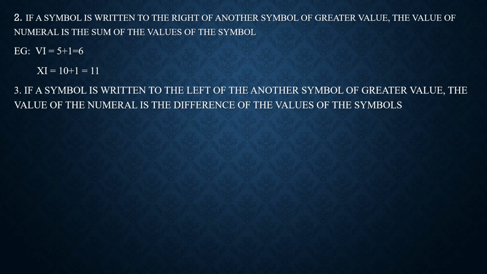Now we move on to the third rule. The third rule states that if a symbol is written to the left of another symbol of greater value, the value of the numeral is the difference of the values of the symbols. Earlier, the number was written to the right side. Now there is already a greater value, and we write a smaller value to the left side of the symbol.